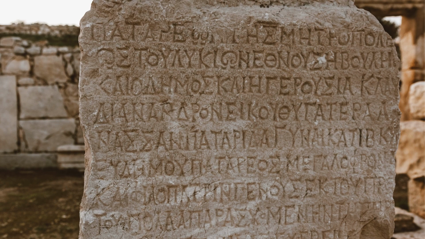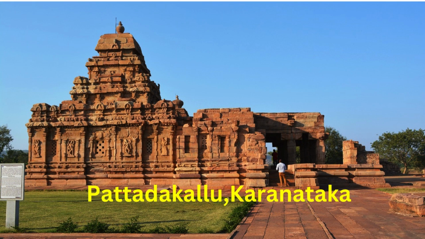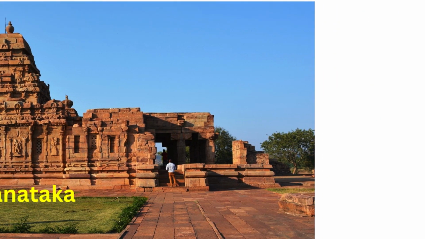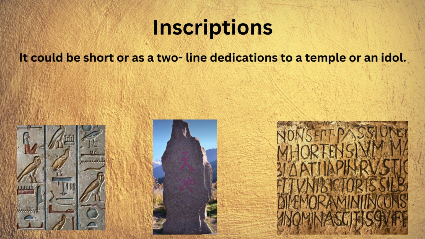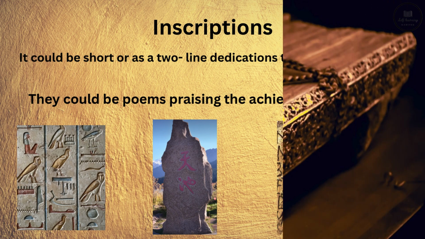Inscriptions belonging to the Chalukya period have been found at Aihole and Pattakkallu in Karnataka. Inscriptions could be short, such as two-line dedications to a temple or an idol. They could be long poems praising the achievements of the rulers.